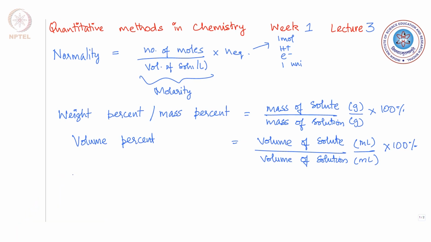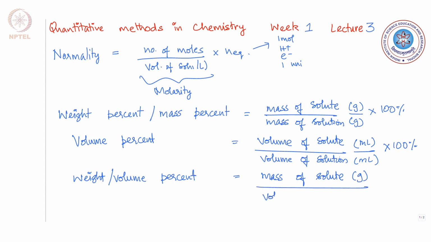And the third unit, which is also quite common, is weight volume percent, which is given by the mass of solute in grams divided by volume of solution in ml, times 100, which gives you a percentage.